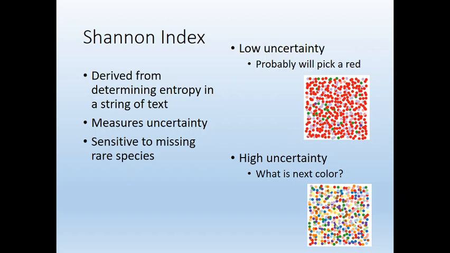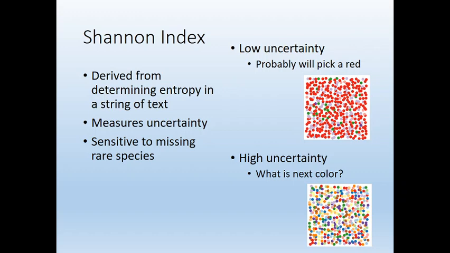Probably the most common index is the Shannon index. What this is actually derived from is determining entropy in a string of text. Basically, think about the species as letters in a string of text, and it measures how uncertain it is to pick a letter.